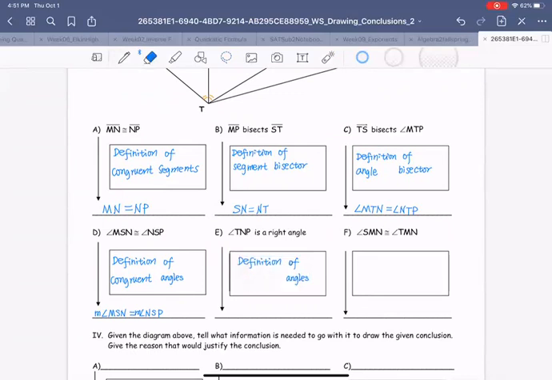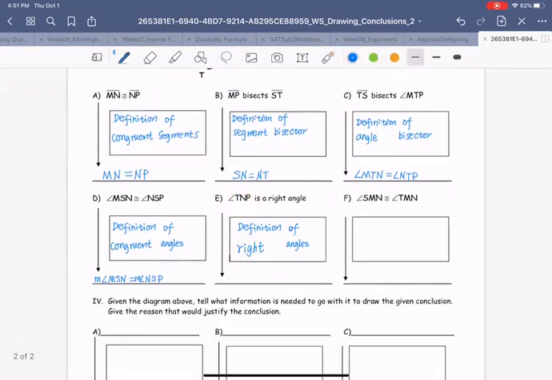We haven't gotten there. I was confused, I thought you were just copy and pasting and then changing the keywords. This guy is a right angle, which means this is how much? 90 degrees. So TNP is 90 degrees. Make sense?